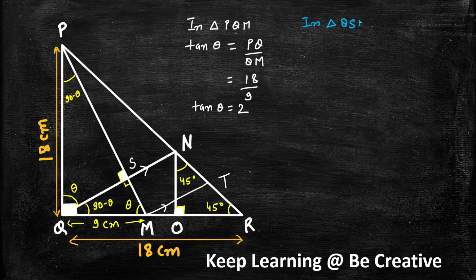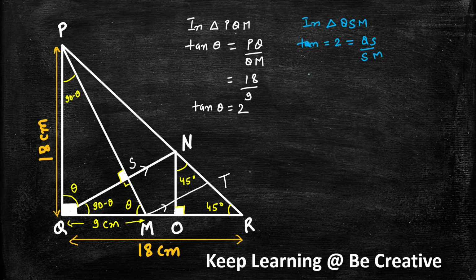If I apply again tan theta, that is the value of tan theta is 2. So that comes out to be, according to this triangle, QS upon SM.